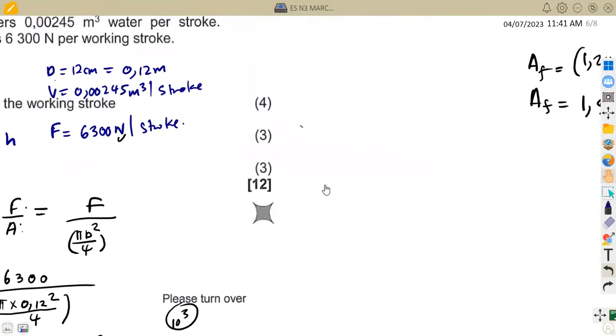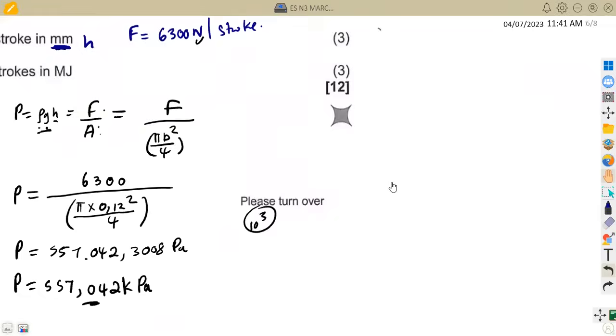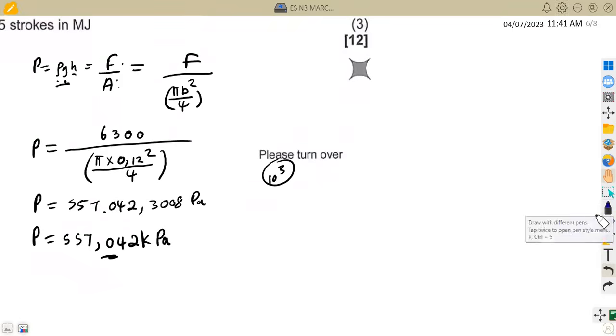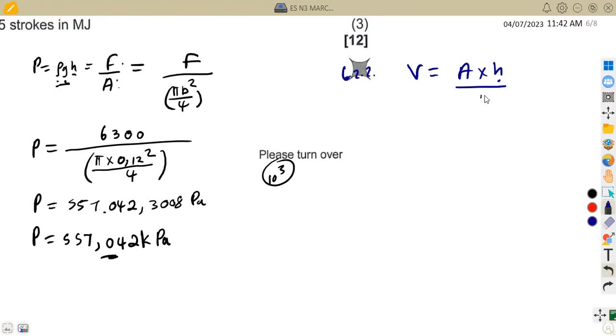We understand that the volume can be taken from area and the height, which is the stroke length. So volume is equivalent to area times the stroke length, which is the height. Therefore, we can calculate h, our stroke length, by dividing by the area, because we have the volume. So our h is going to be volume over area.